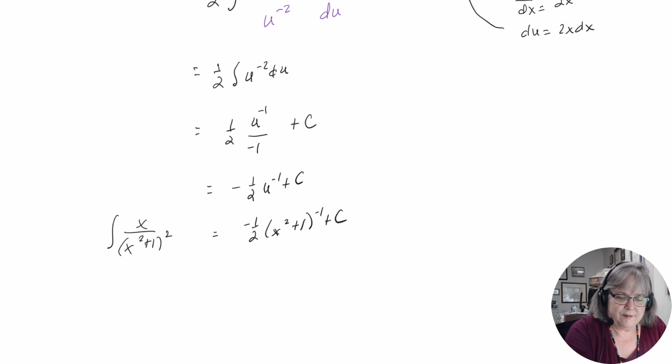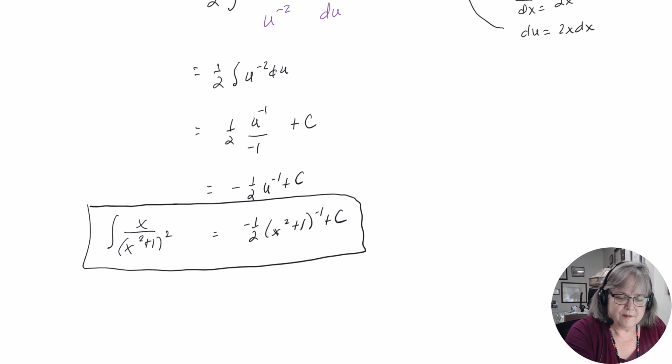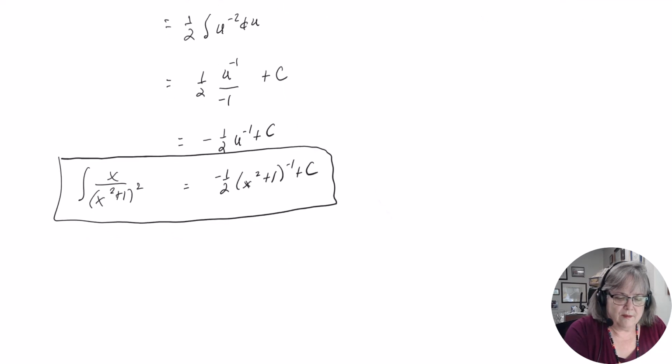Now some will let you stop right here. And some will say, all right, I need it back as close as you can get to the original format, which was a fraction. So it'd be -1/2 over (x squared plus 1) to the first, plus c.